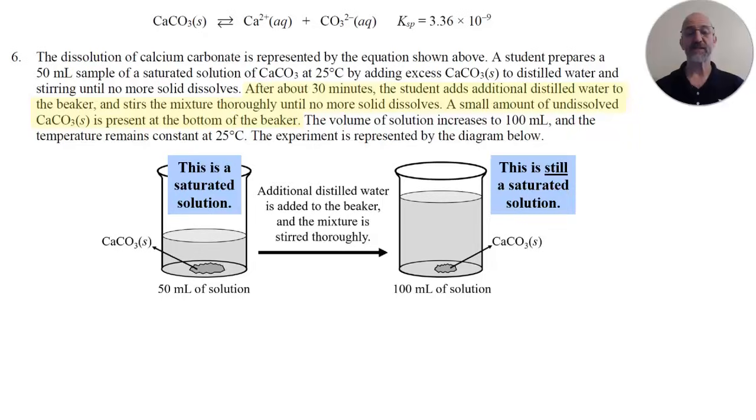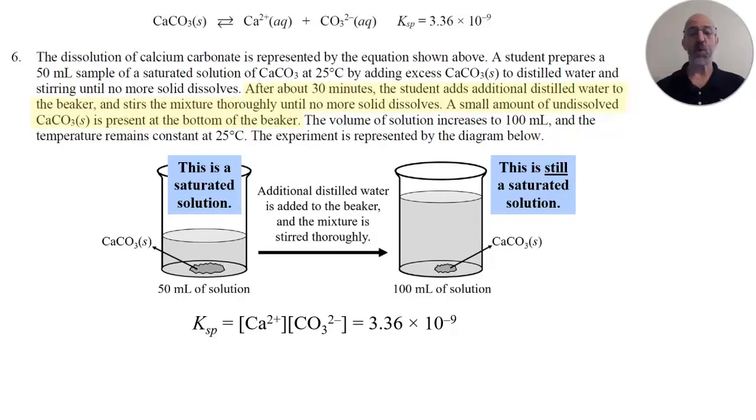Now, you don't need to do a calculation to answer question 6, but I'm going to do a calculation just to show you how you would determine the concentration of the calcium ion in a saturated solution of calcium carbonate by taking the square root of the KSP value.